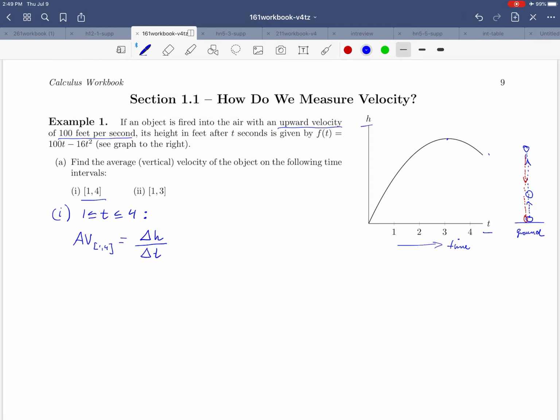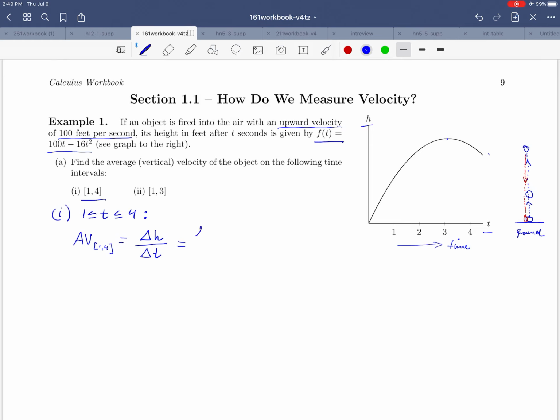So in our case, how did the height change during the 3 seconds between 1 and 4 seconds that we are observing our object? Now the change in height, we can find that using the formula for our height function. We don't have a scale on the graph, so really we can't get the change in height from the graph. We really have to use our formula.